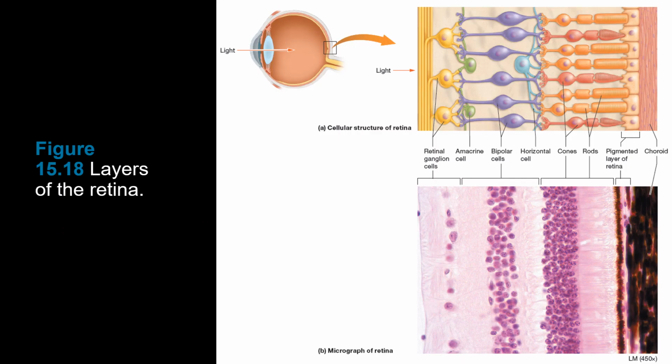And so here you have the different layers of the retina. So going back here, you see the choroid layer, and then you have the pigmented layer of the retina. And then you have rods and cones in this area, right? Rods in this area, cones in this area, horizontal cells traveling in between them, bipolar cells. So these are the somas of those bipolar neurons.